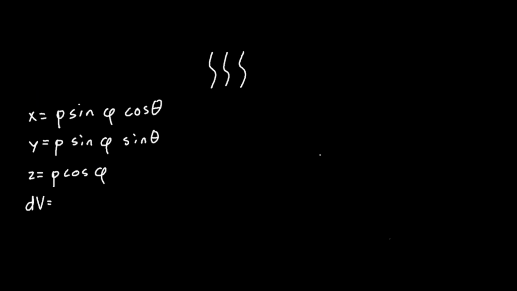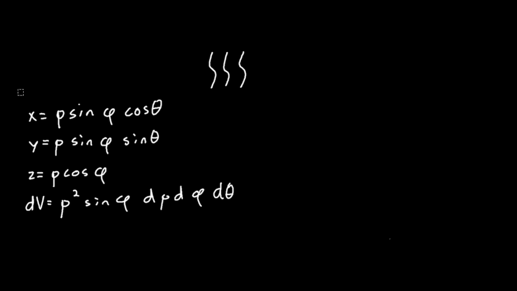For polar coordinates again, dA is equal to r dr d theta. Your transformation factor is just the r value. For dV, it's actually rho squared sine of phi d rho d phi d theta.